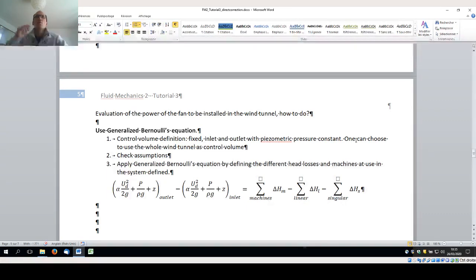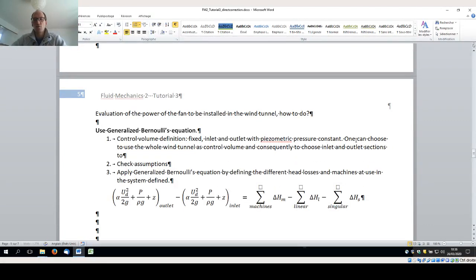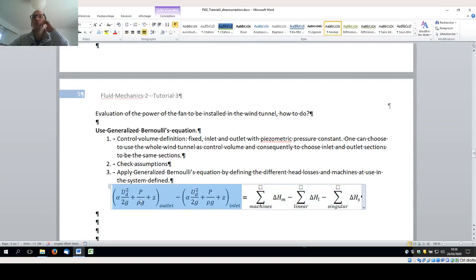So the whole wind tunnel as control volume, and consequently to choose inlet and outlet sections to be the same sections. So what does this mean? If you choose the same inlet and outlet, this will just cancel out the left-hand part of the equation here. And it actually explains how the process of a closed loop is working.